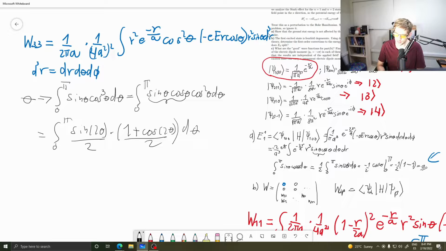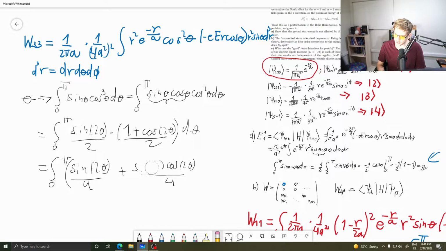So now we can multiply through, and we get the integral from 0 to pi of sine 2 theta over 4 plus, of course, all of this is inside the integral, sine of 2 theta cosine 2 theta over 4. And sine 2 theta times cosine 2 theta, well, that's simply sine of 4 theta over 2, so this is sine of 4 theta over 4.